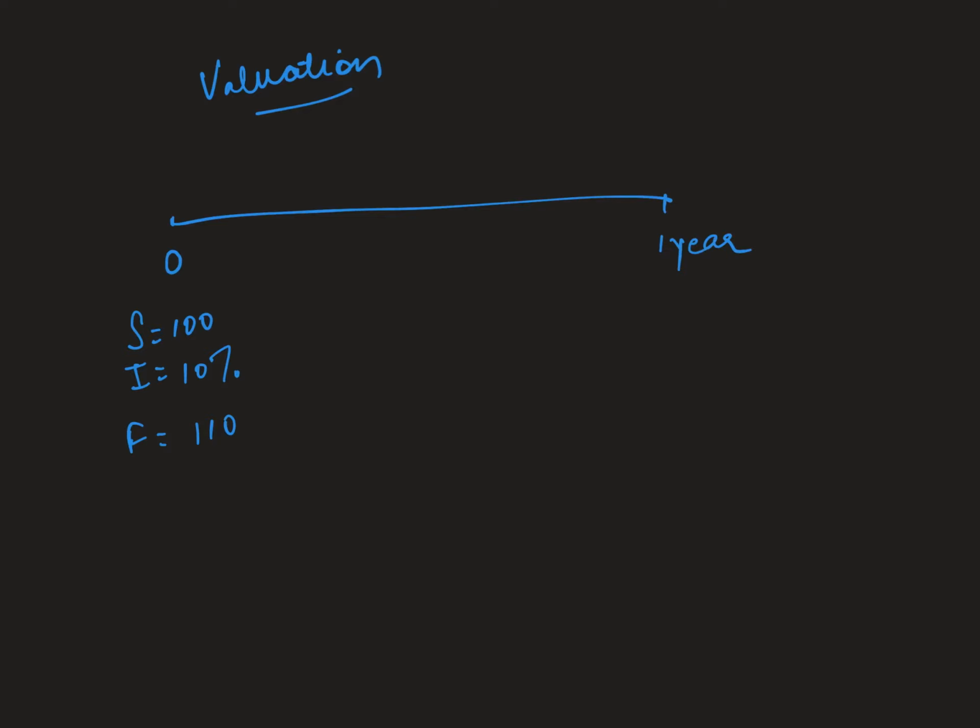My contract expires in 1 year. So what happens is 2 months down the line, now the spot rate is 150, interest rate remains the same, okay, and I'm long on this future.